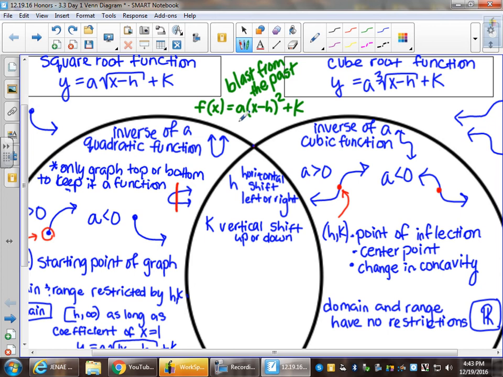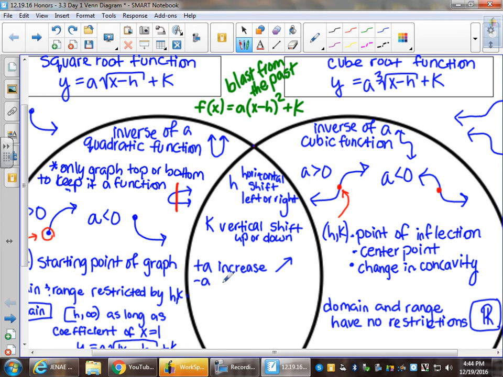When we talked about the effects of a with a quadratic, if we had a positive a, the whole graph opened up. If it was a negative a, the whole graph opened down. Now we're definitely having not so much an opening up or down, but an increasing or decreasing quality. So positive a, the graphs increase left to right.